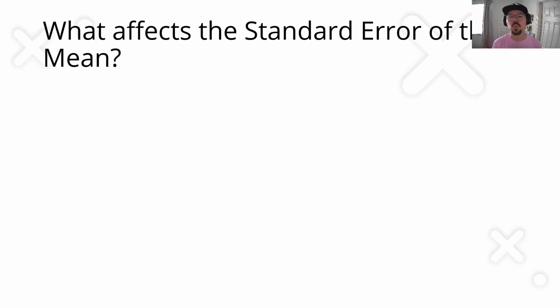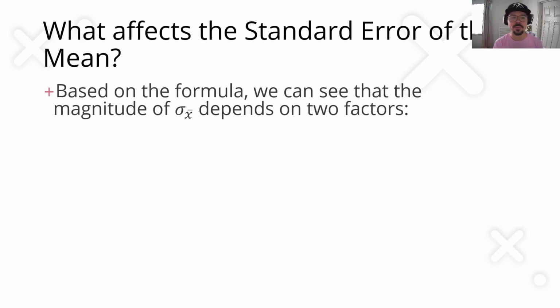So what affects the standard error of the mean? What are some of the components of the standard error that influence the final number we calculate through the formula? Based on the formula, we can see that the magnitude, the value of the standard error of the mean, is dependent on 2 factors. One of them is your standard deviation; whatever that number is will influence the outcome.